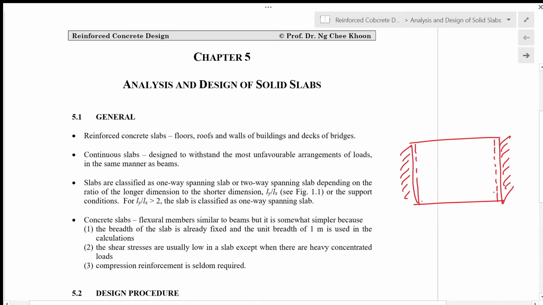In this case, even if the Ly over Lx value is less than 2, it is not a two-way slab because of the support conditions.